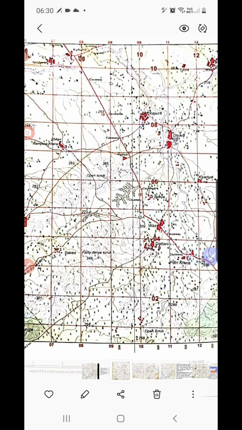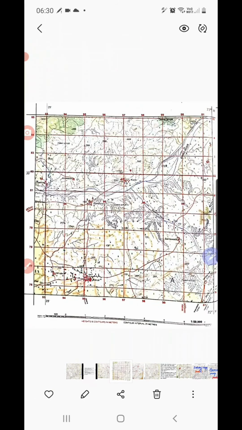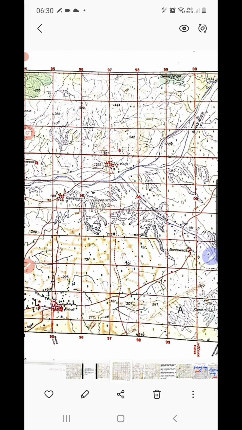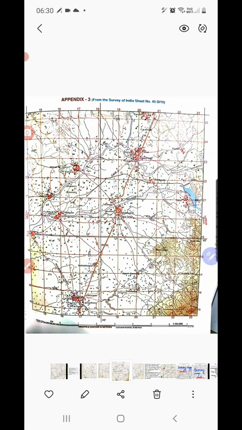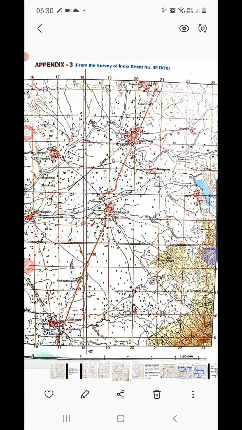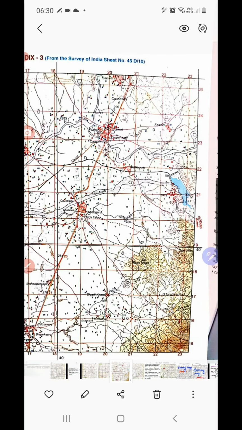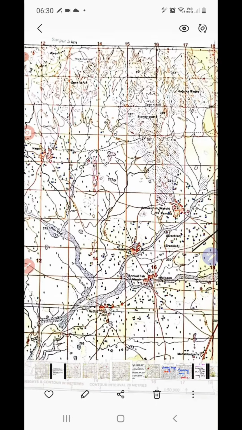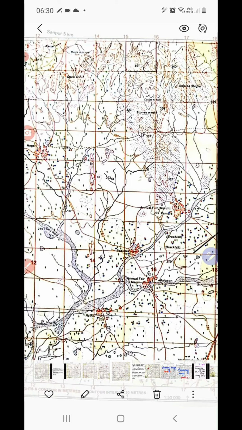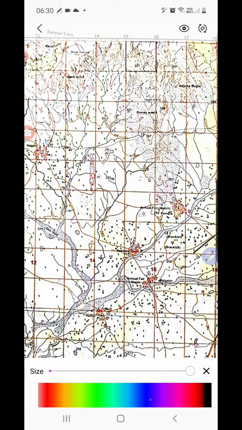Yes, stony waste. Yeah, in this map you see here stony waste is there. Some places you can find rock outcrop.